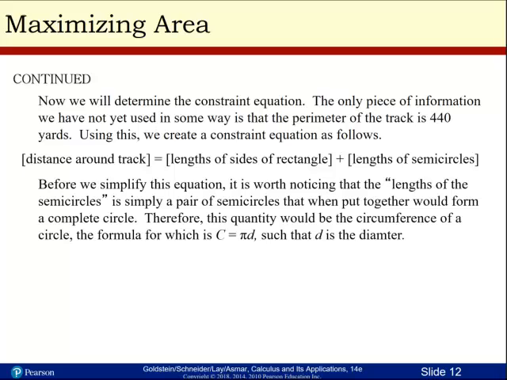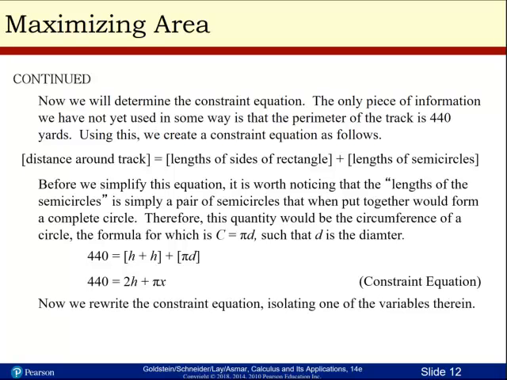Therefore, this quantity would be the circumference of the circle, for which circumference equals pi times diameter, such that d is the diameter. And I see that 440 is going to be h plus h, the sides of the rectangles, plus pi times the diameter. All right, and that diameter we're going to say is x. So we have 440 is 2h plus pi times x.